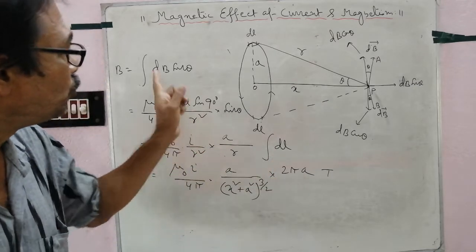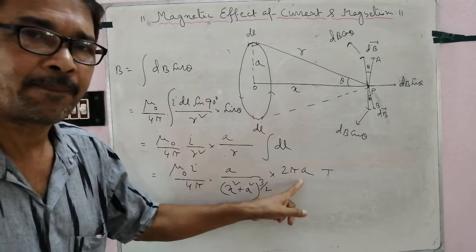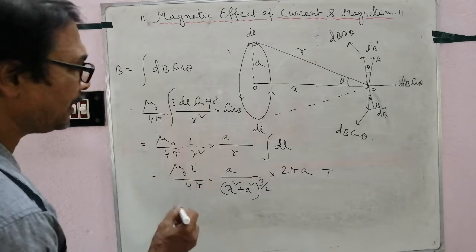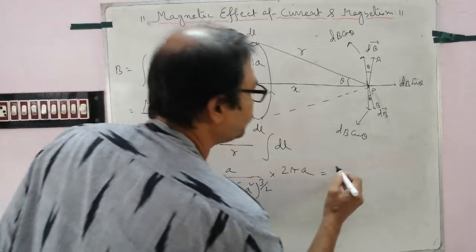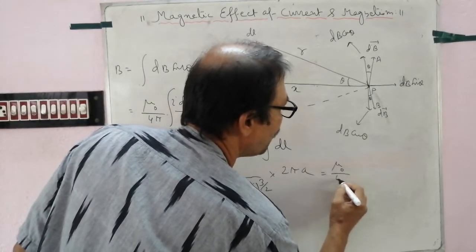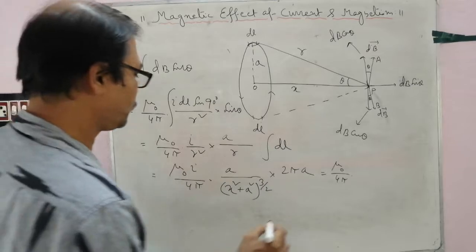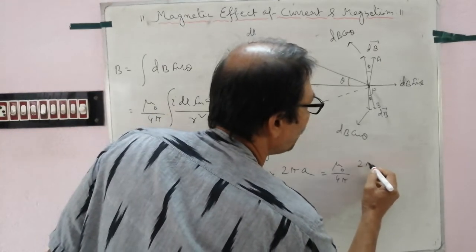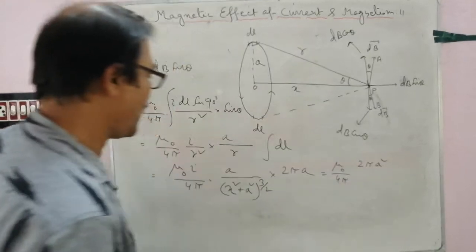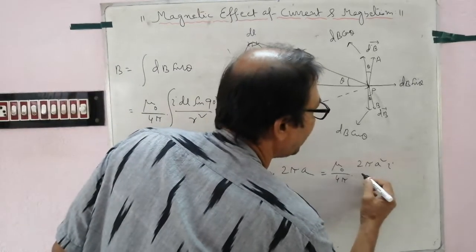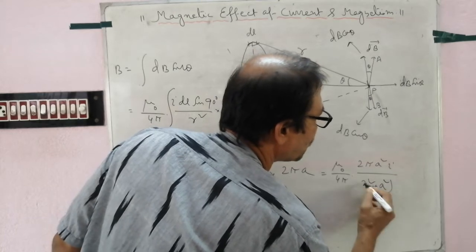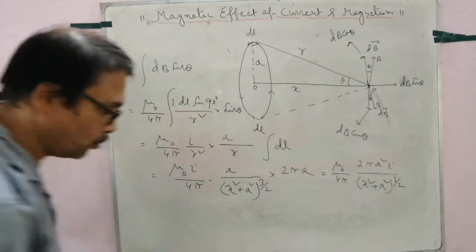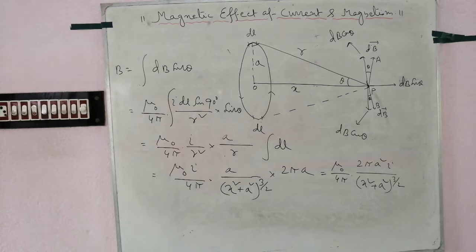So the final result, in Tesla, is mu naught by 4 pi, 2 pi a square I by x square plus a square whole to the power 3 by 2 Tesla. Clear? This is the magnetic field.